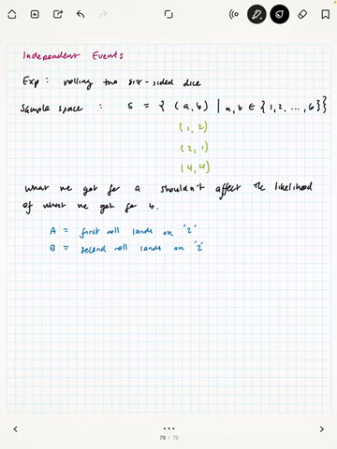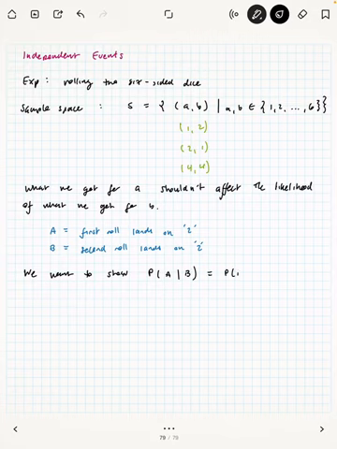What we want to show is that the probability of A, given we know B has occurred, is just the probability of A again. So B occurring won't change the likelihood of A, and vice versa.